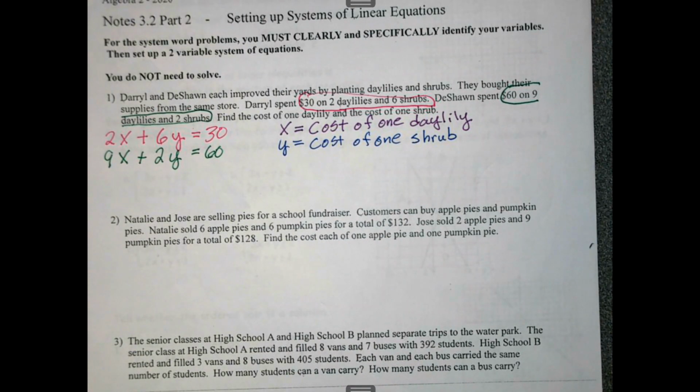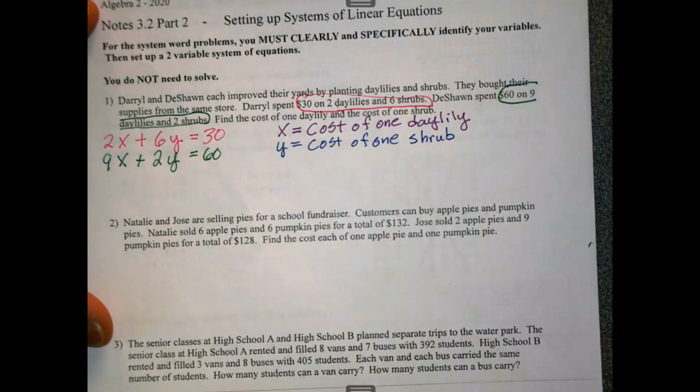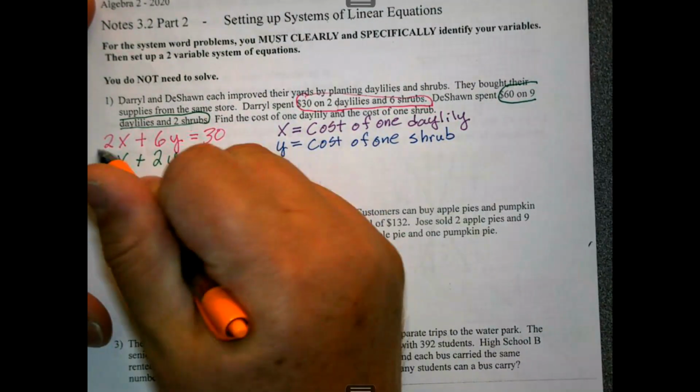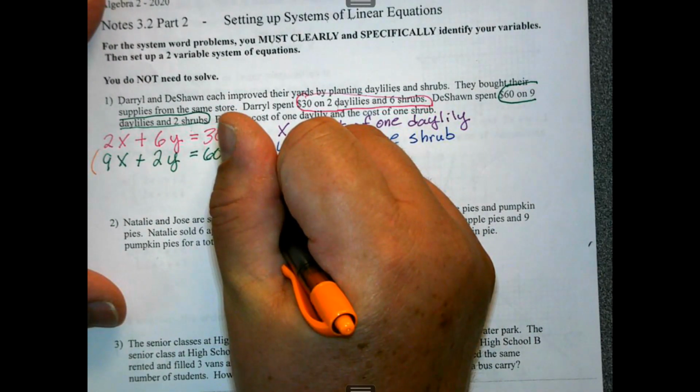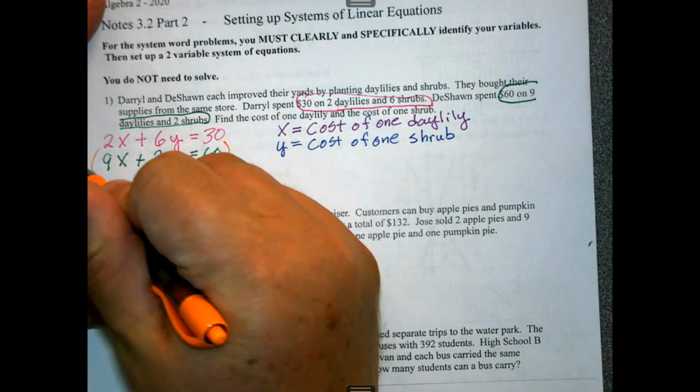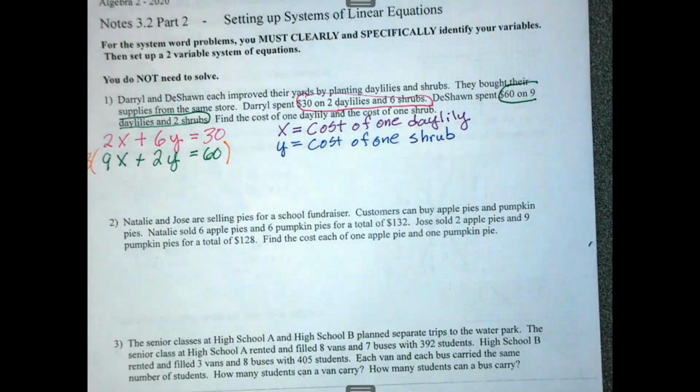Now, if you were to go ahead and solve this, what would you do? Definitely elimination, right? I would multiply this bottom one by -3. But that's just me.